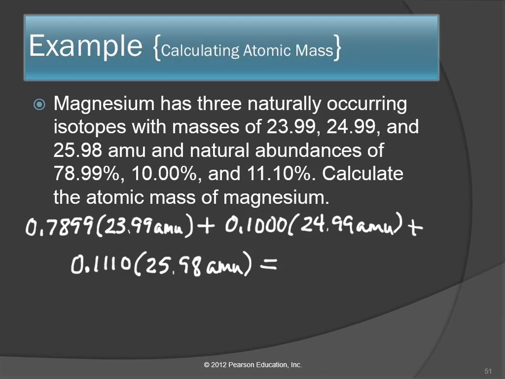So we've got 0.7899 times 23.99 plus 0.1000 times 24.99 plus 0.1110 times 25.98 equals. And this is showing me 24.332481.